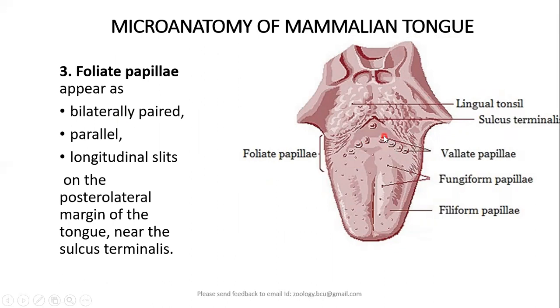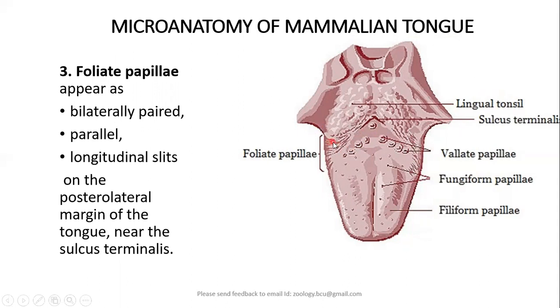Coming to the third type of papillae called foliate papillae. These foliate papillae, as we see here, are arranged bilaterally in pairs on either side or the posterolateral margin of the tongue near the sulcus terminalis.